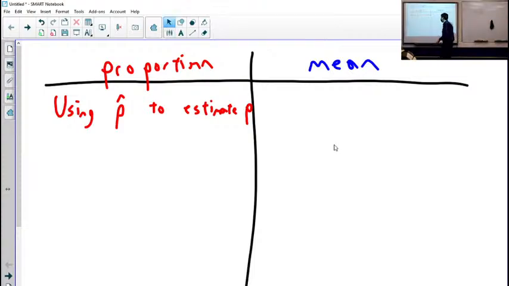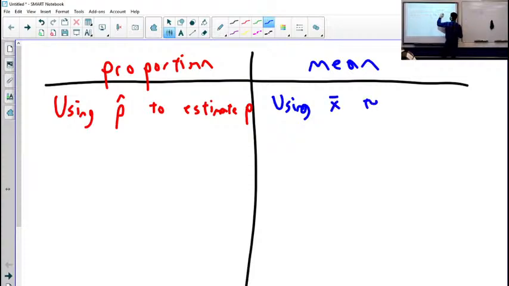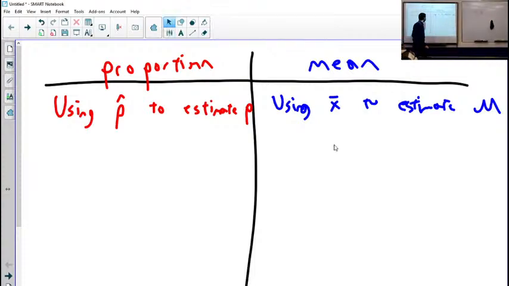For means, you are using x bar to estimate mu. Again, x bar is what you're getting from the sample. Mu is what you're getting from the population. And so your step 1 is going to say, we're using a 95% confidence interval to estimate mu, and then you're going to define what mu is. So that's the difference in step 1.